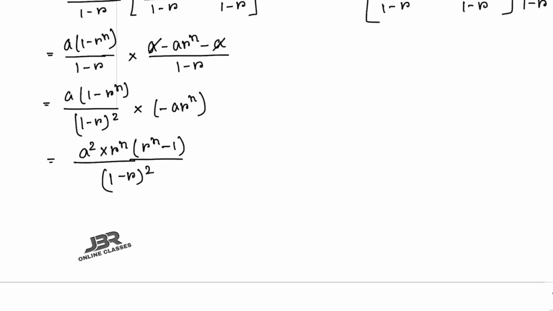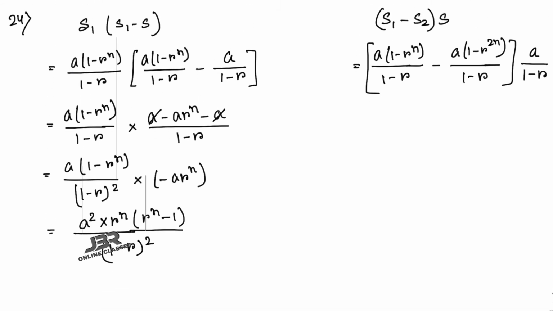Is it clear? Now next one, the right side. In the right side also 1 minus r is the LCM, so a minus a r to the power n minus a plus a r to the power 2n, into a by 1 minus r.